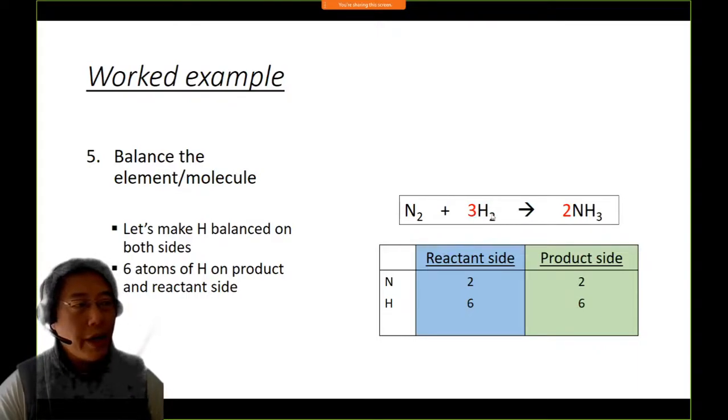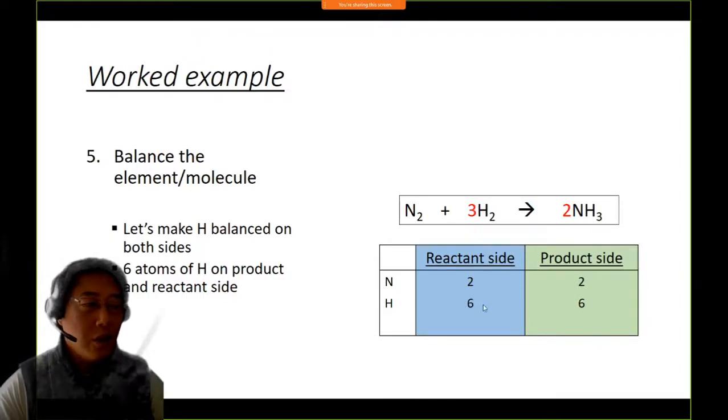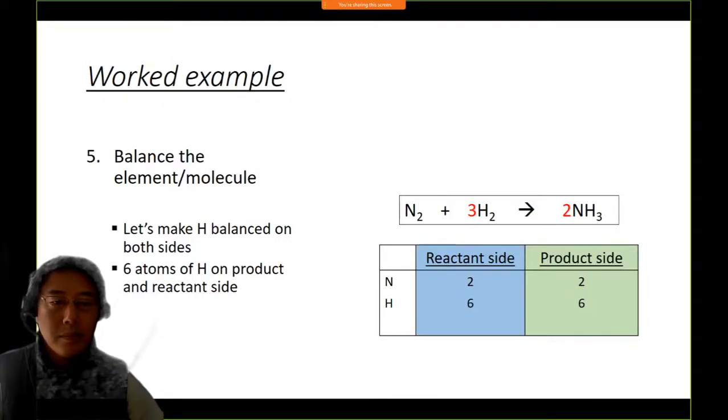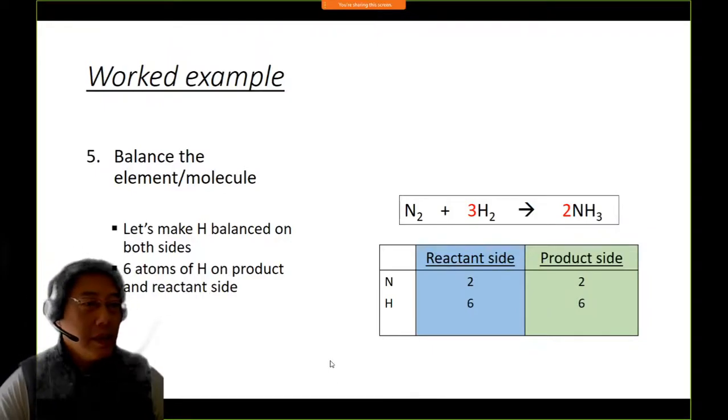So you have 3H2, which means you have 6 hydrogen atoms on the reactant side, and you have the same on the product side. Okay, now is the equation balanced?